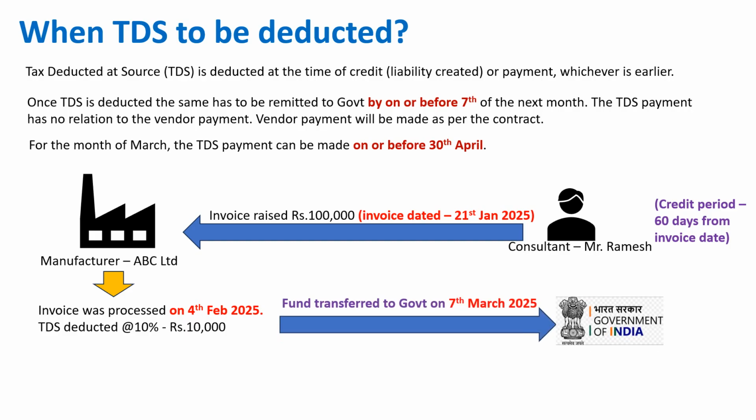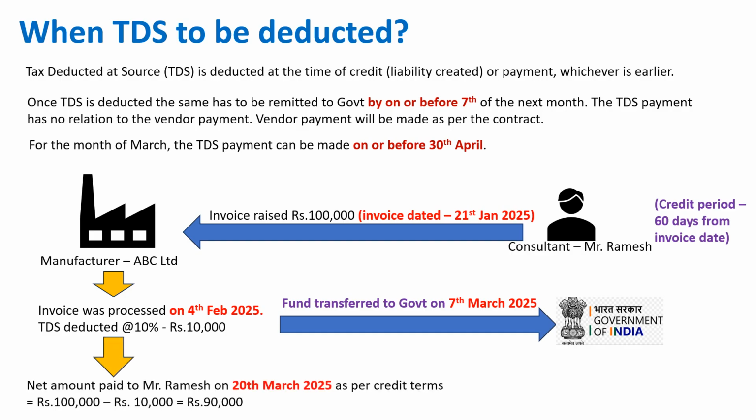It is on 7th March 2025, because the due date is before the 7th of the next month, right? And the manufacturer is going to make remittance to the vendor on 20th of March because of the 60 days credit period, and the amount ABC Limited is going to transfer is 90,000. That is the net amount after deducting TDS.